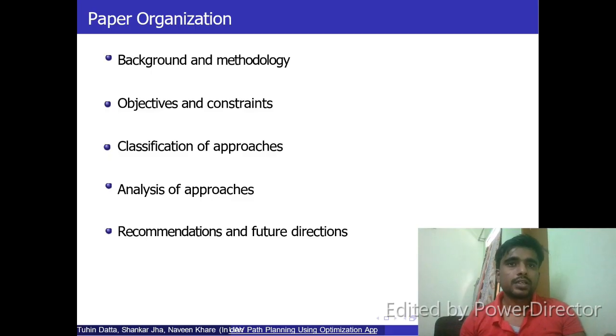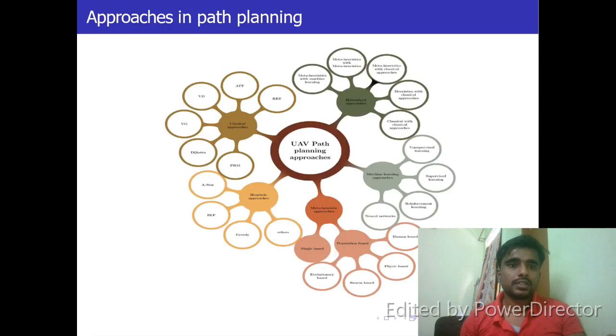The paper concludes with recommendations and future research directions. This systematic organization enables readers to gain a thorough understanding of the current state and evolution of UAV path planning research. So approaches in path planning. The authors identify the principal objectives. So these are the approaches.